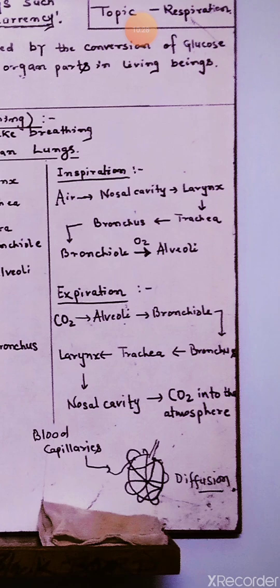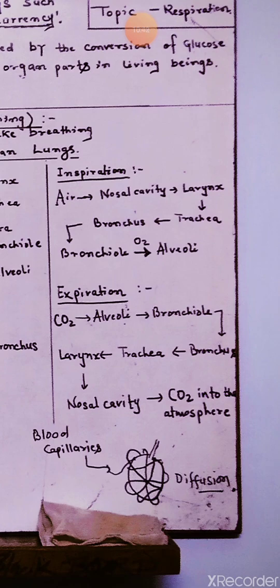As a result, O2 is diffused into the blood vessel, where such O2 reacts with the glucose. Just remember, we take nutrition and so many nutrients come into our digestive system. Carbohydrate is one of them, and glucose is the unit of carbohydrate.